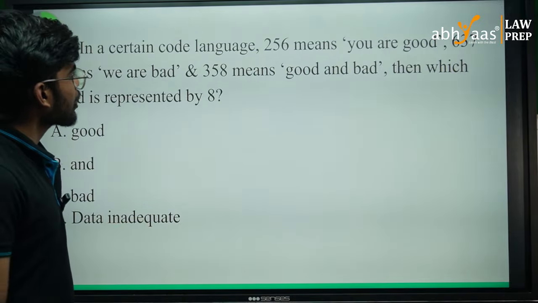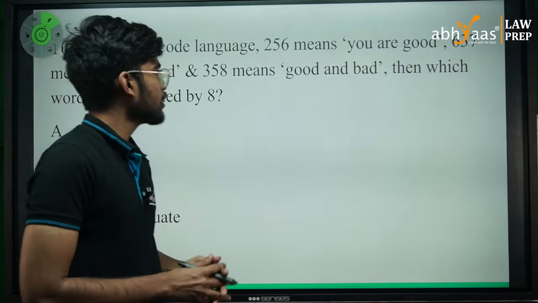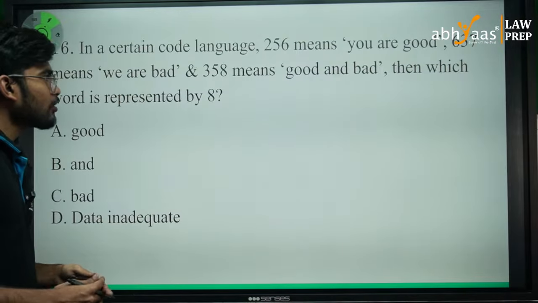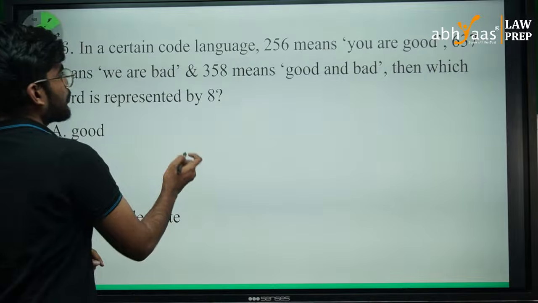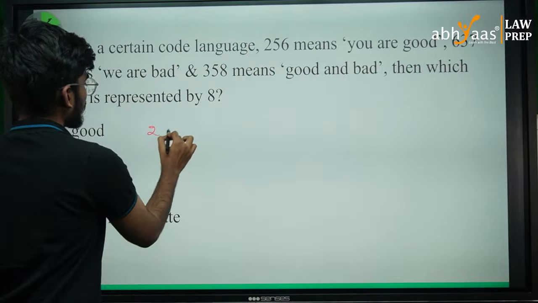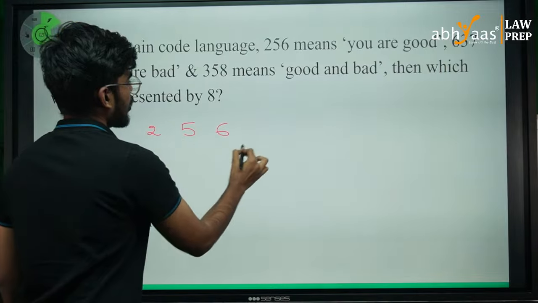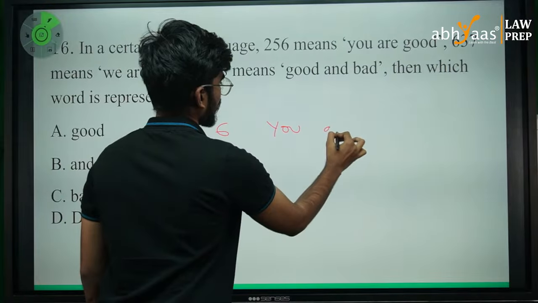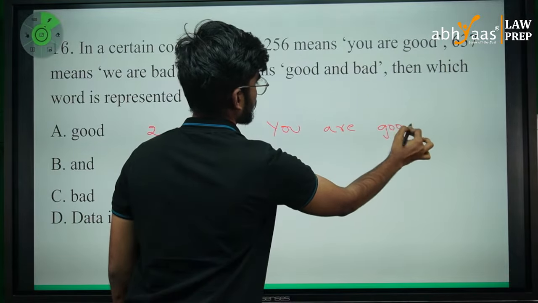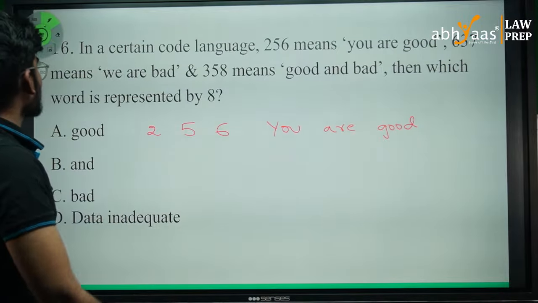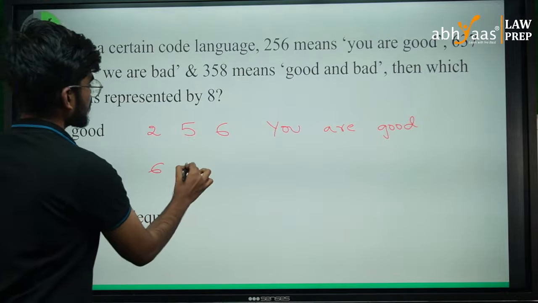In a certain code language, 256 means you are good. 637 means we are bad. To make it clear, I'll be writing it. 256 means you are good. The next one, 637 means we are bad.